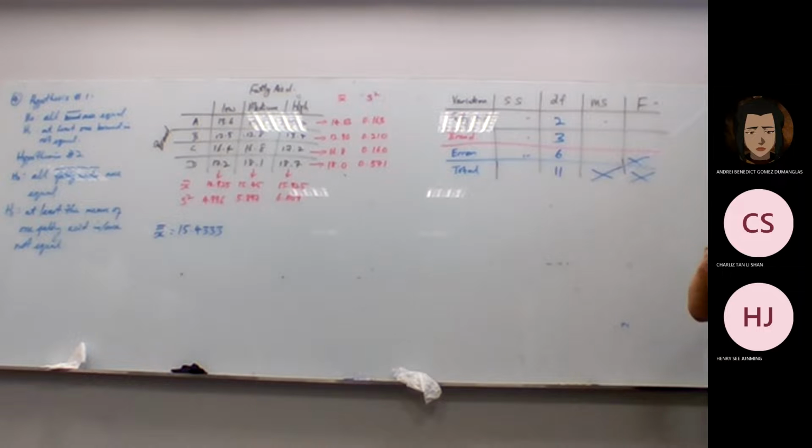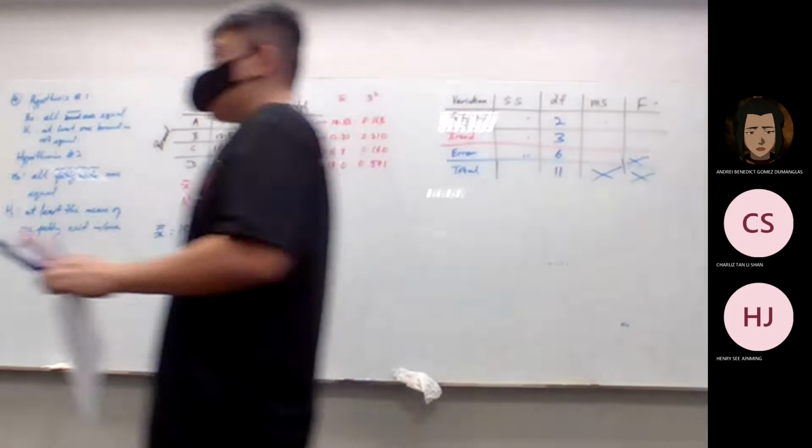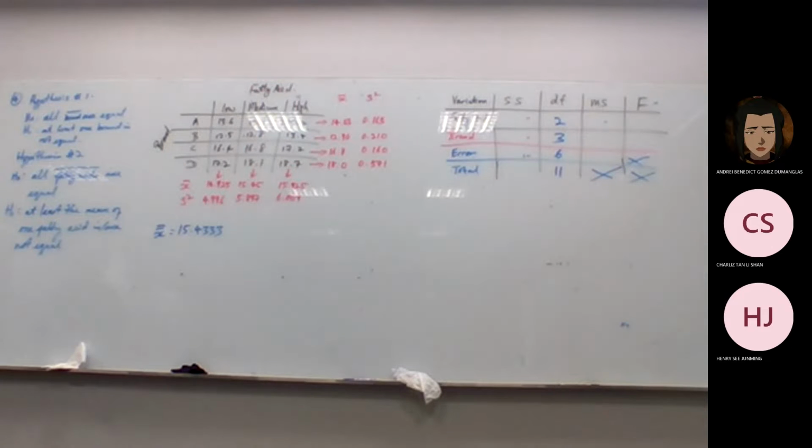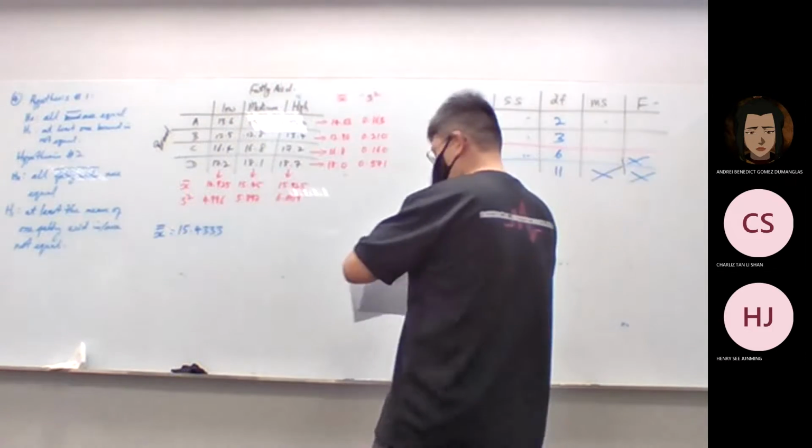So now what you have is 2 sum of squares. So you go back to your formula sheet, find out the 2 sum of squares. So you have one for, where's my black marker?